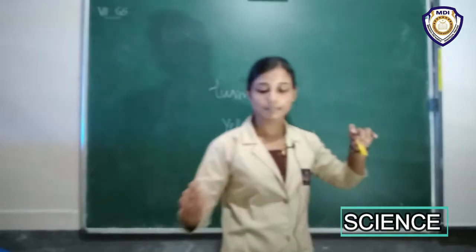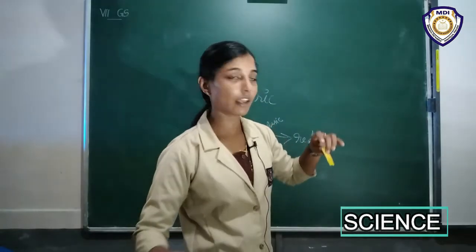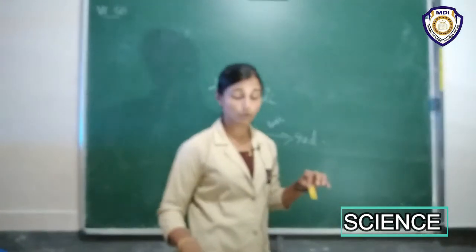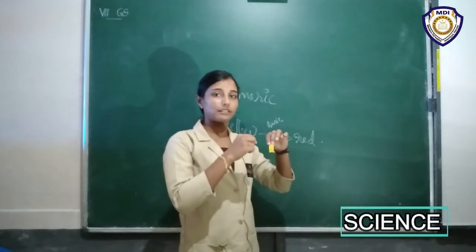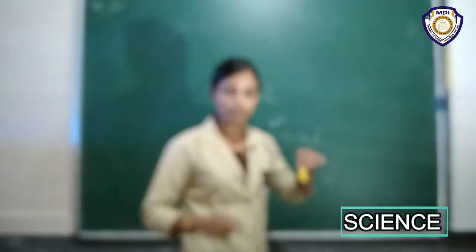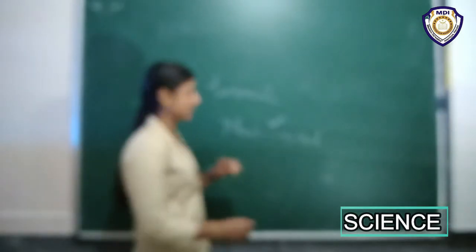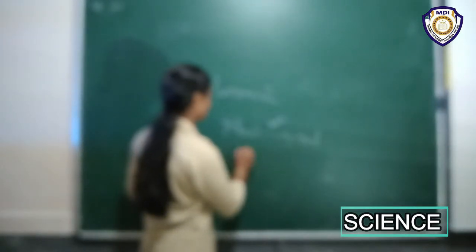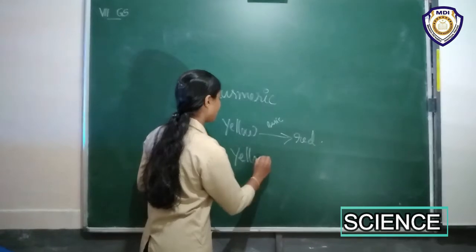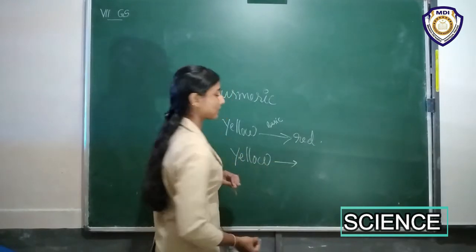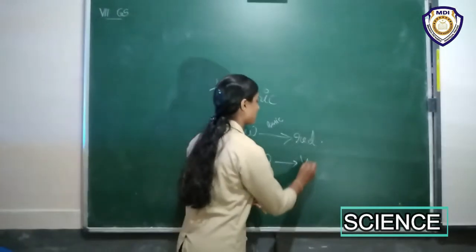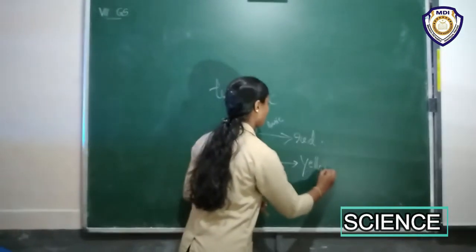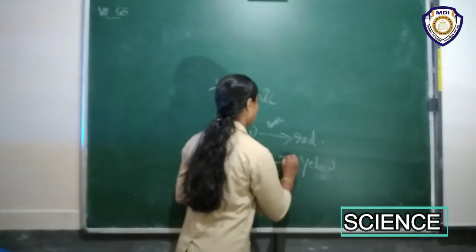Here I just dropped lime juice, right? So lime juice is acidic in nature. We know lime juice is acidic in nature. So turmeric, its natural color, that is yellow, will remain as yellow. Okay, so this is acidic.